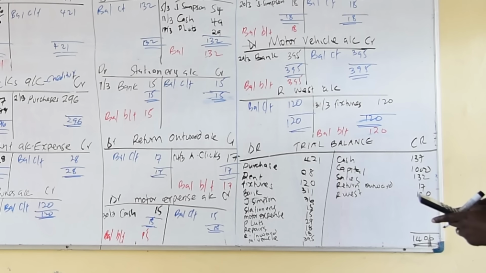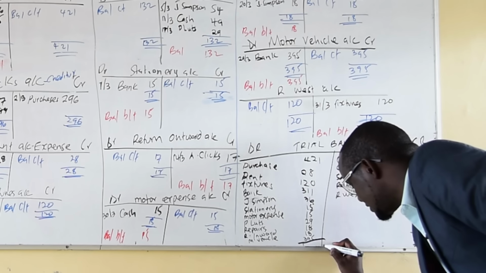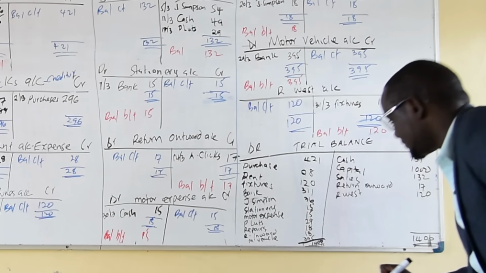So we have 421 plus 28 plus 120 plus 311 plus 36 plus 15 plus 15 again plus 29 plus 18 plus 18 plus 395. So the total of here, you also get, the total is 1406.